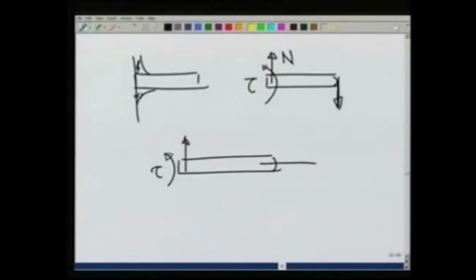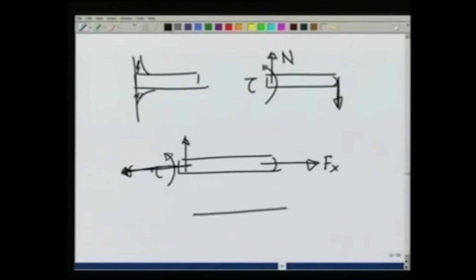We have not considered the x component of the force so far. Obviously, if I pull this thing by a force Fx, the built-in system or the glued system also generates a force in the opposite direction, because the thing does not come out.